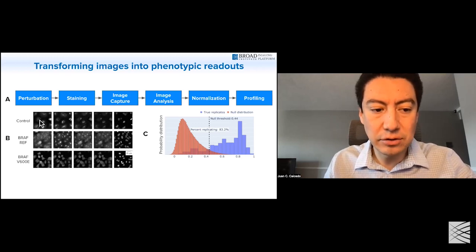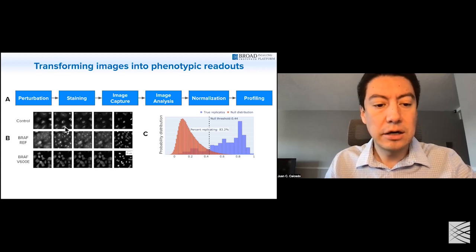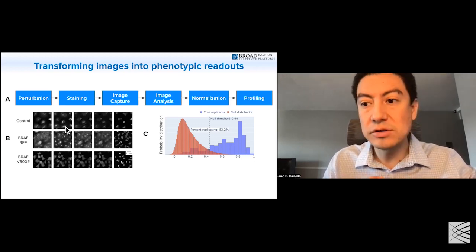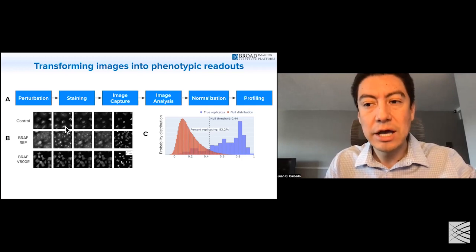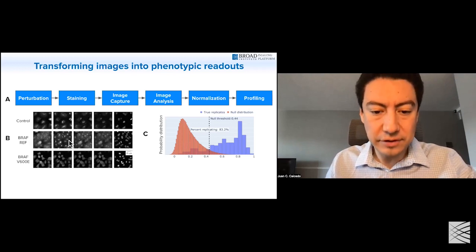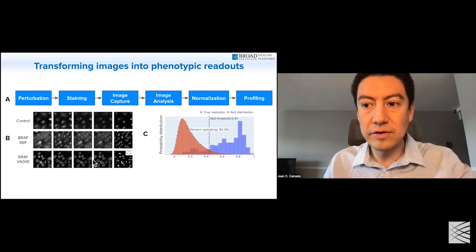This is an example of the control cells in one of the plates. And the controls in this case are wells without any overexpression. So we call them empty controls. This is a reference gene, BRAF in this case, and this is one of the variants included for this specific gene.